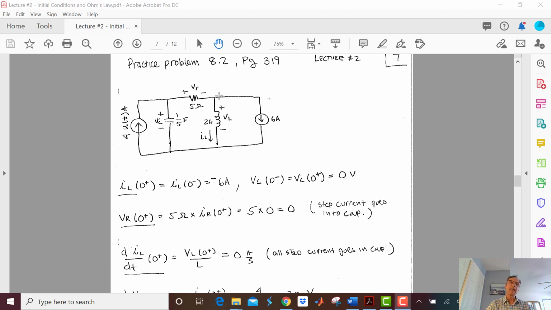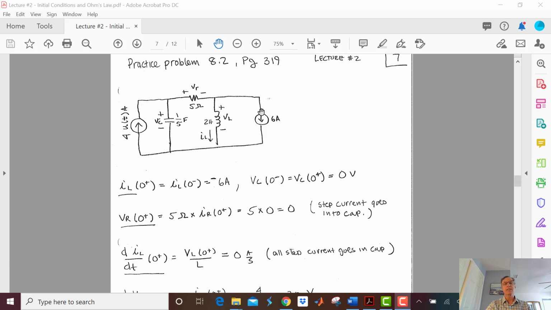And so therefore, we're not going to get any voltage across the inductor. And remember that V equals L di dt. So if voltage across the inductor at time equals 0 is 0, then di dt is equal to 0. So di dt is 0 for the inductor.